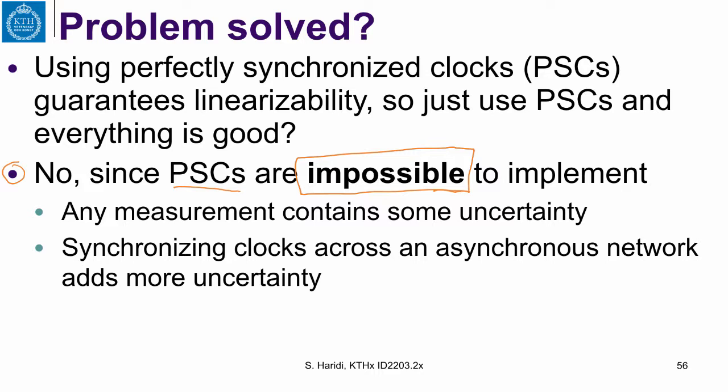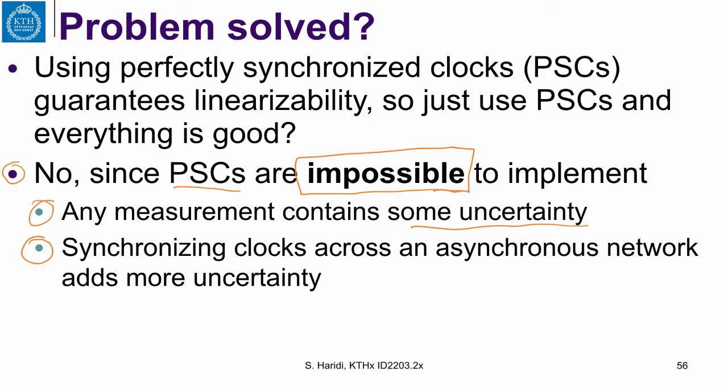We have seen that physical clocks can drift apart from each other when we look at the clock rate and the possible drift. So any measurement of the clock time will contain some uncertainty. And synchronizing clocks across even an asynchronous network will add more uncertainty.